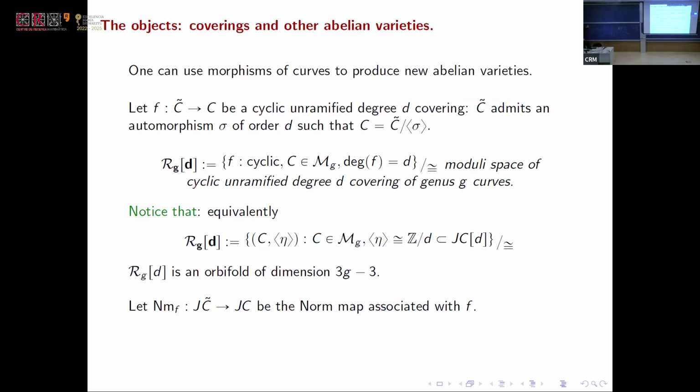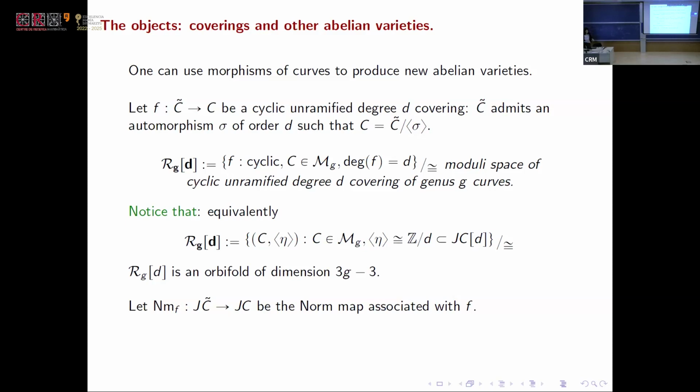So this is a group homomorphism. If we take the kernel, we have to take the connected component of 0 since it is not guaranteed that it is connected. But this is going to be a subgroup of J of C tilde. Moreover, it is not just a subgroup, but an abelian subvariety.